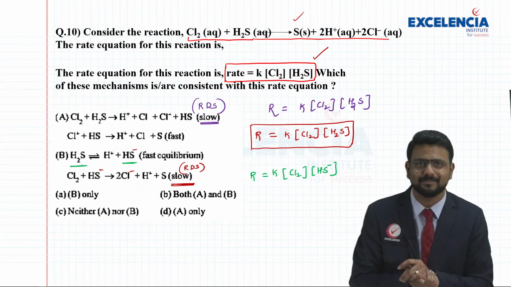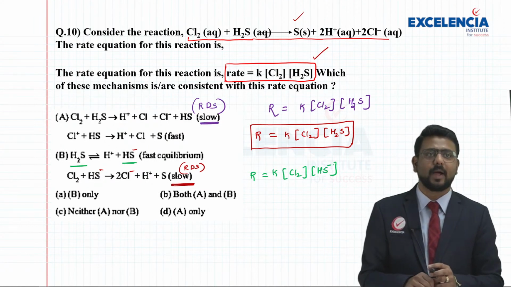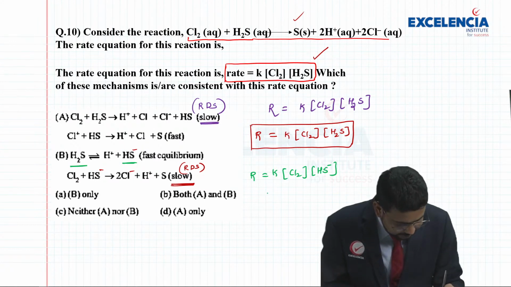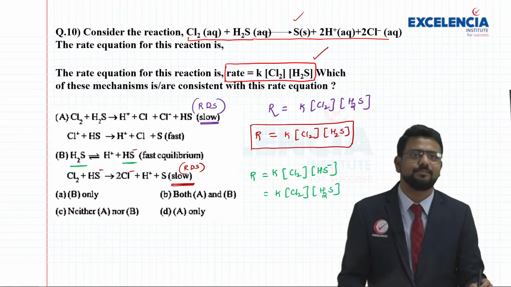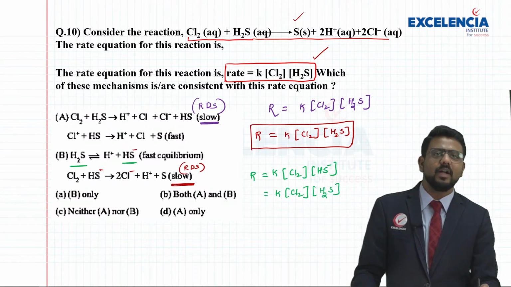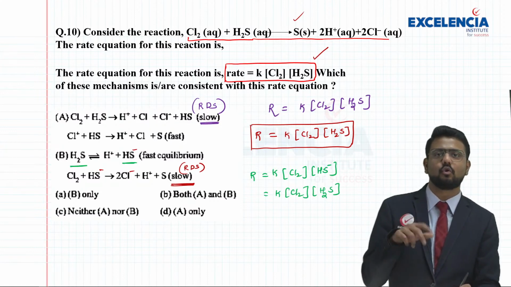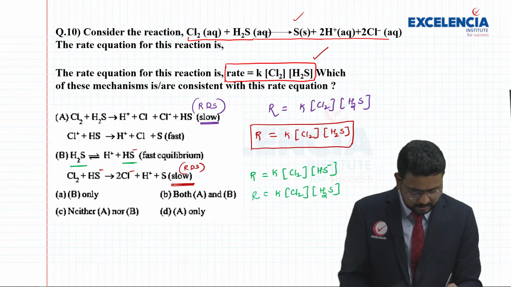Again, it is 1:1. So rather than writing this as HS-, in terms of H2S, can I write this expression as K times Cl2 times H2S, right? So definitely here we can say that HS- is also correlated to H2S, and hence this could be the rate expression here.